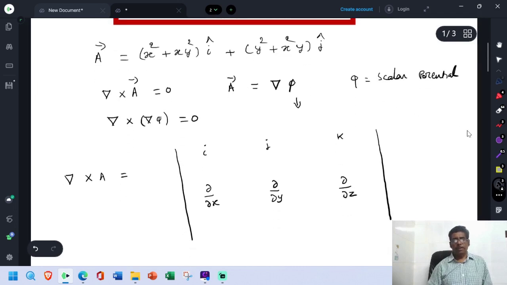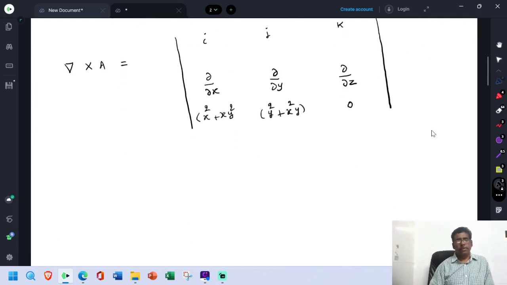Here the coefficient of i is x square plus x y square. Coefficient of j is y square plus x square y. Coefficient of k is 0. No k term is present in the given vector.